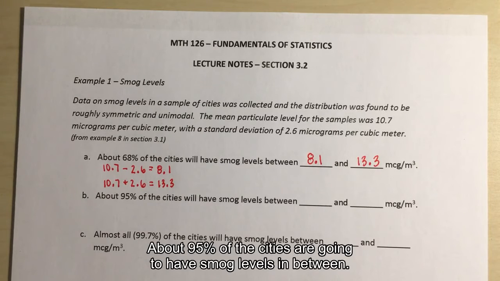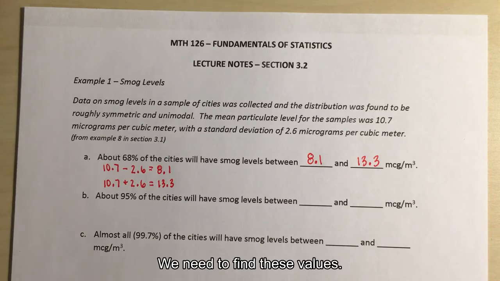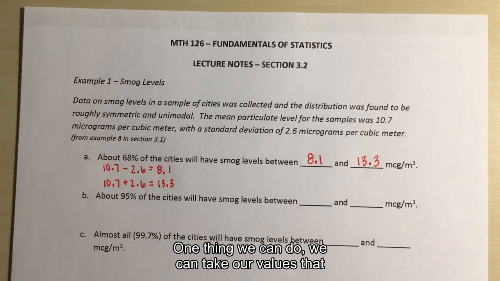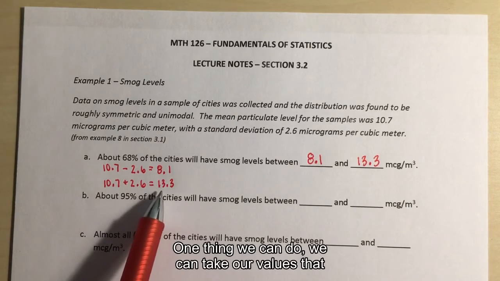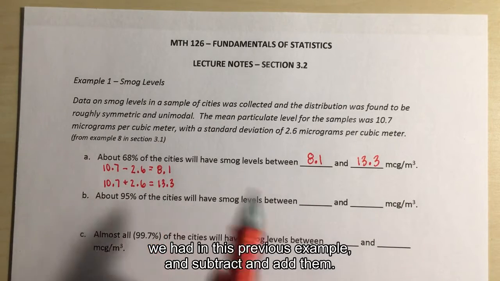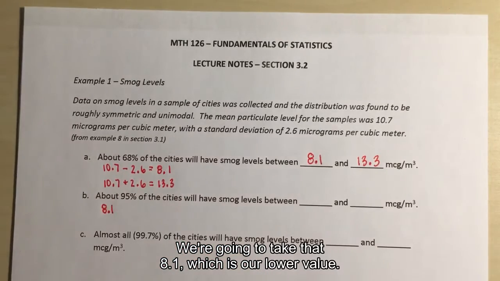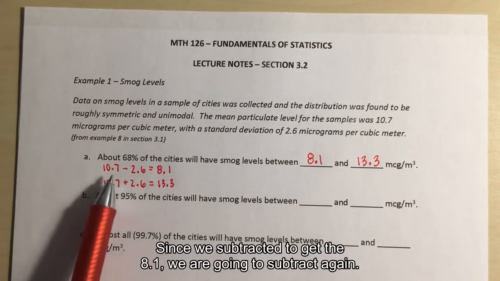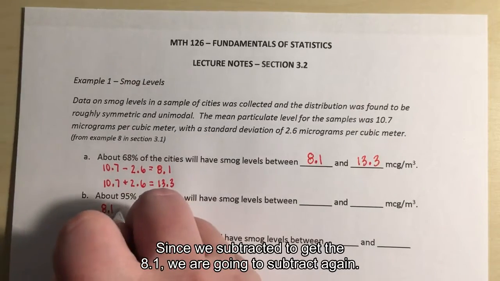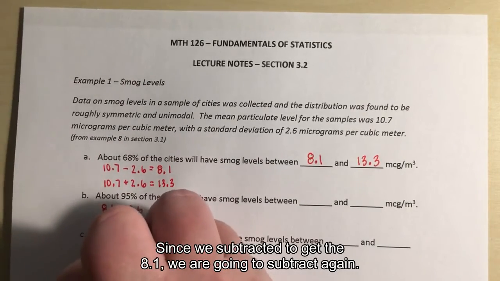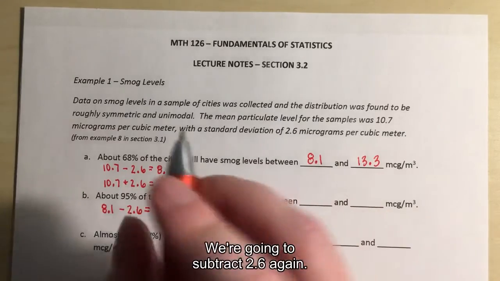About 95% of the cities are going to have smog levels in between, and we need to find these values. One thing we can do is take the values from the previous step and subtract and add again. We take the 8.1, our lower value. Since we subtracted to get the 8.1, we subtract 2.6 again.